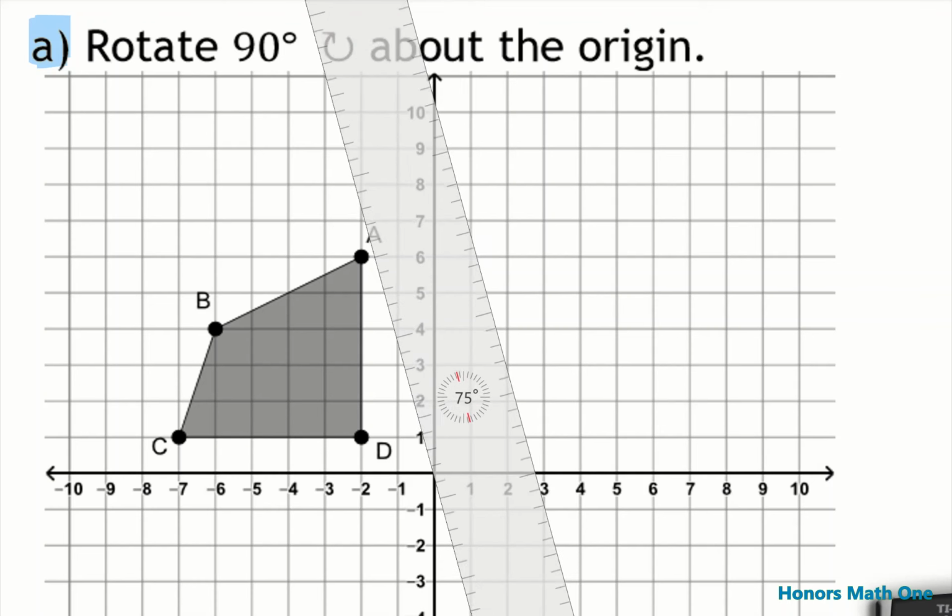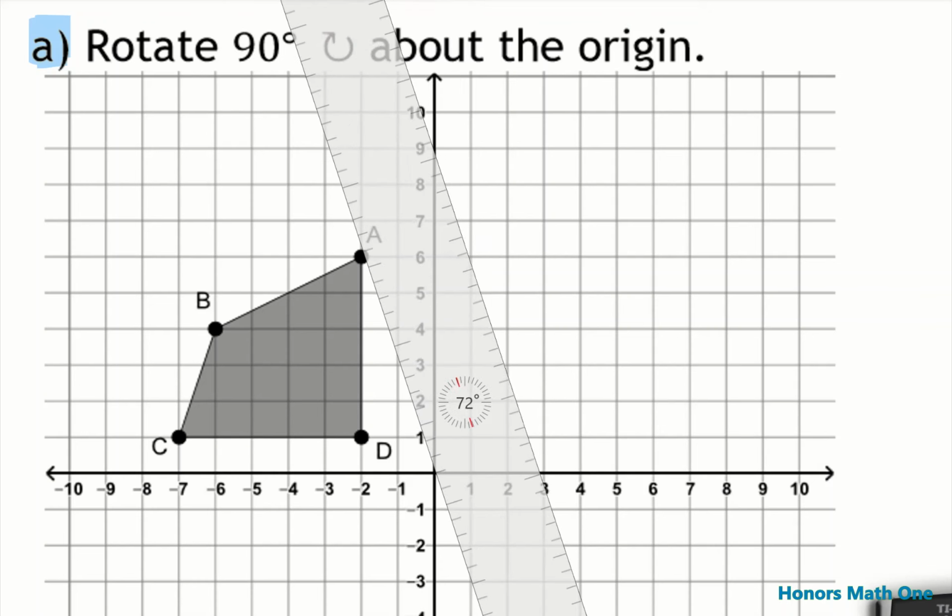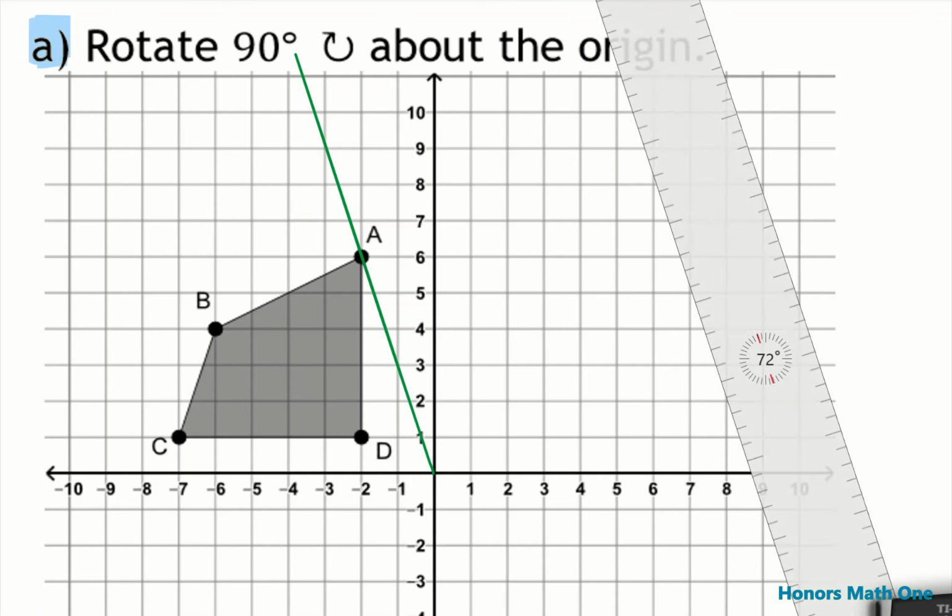So for example, if I look at this line that goes from the origin to A, I can see from the origin to point A I have a slope of down 6 units and then over 2. So I could write this slope as negative 6 over 2, and I could reduce that: the slope is negative 3, down 3 over 1.